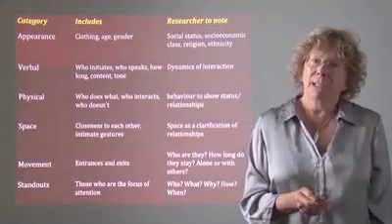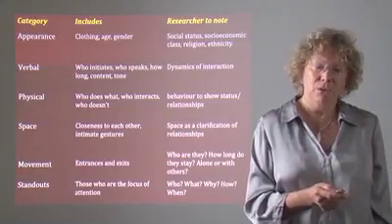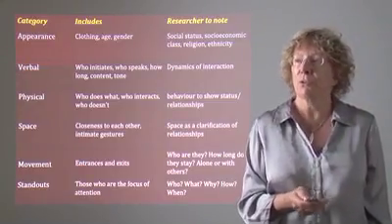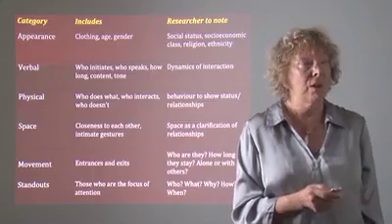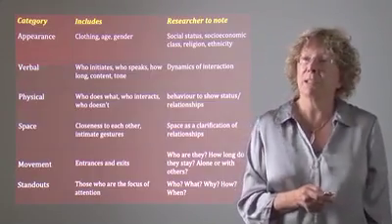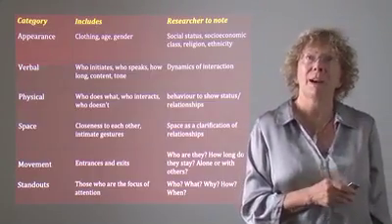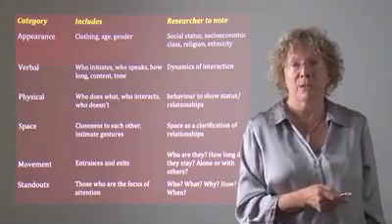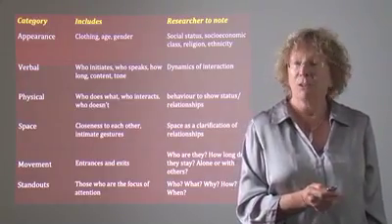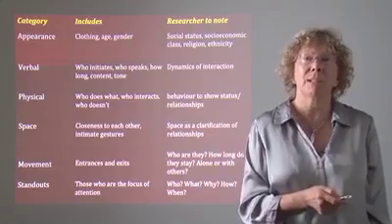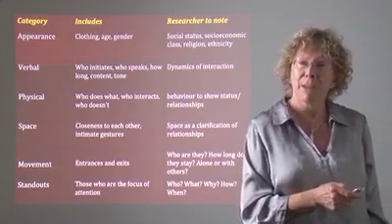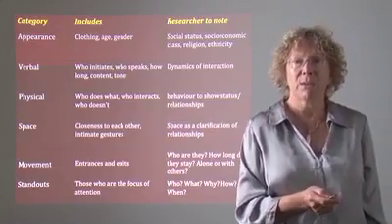This is just a checklist that you can take into your setting, or a good way of training yourself to observe. What do I need to observe? I need to look at the setting. I need to look at the environment, because that often has an impact on what goes on. I need to look at people, their appearance, what they're wearing, how they interact, how close they get to each other.